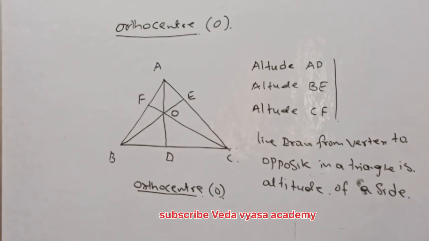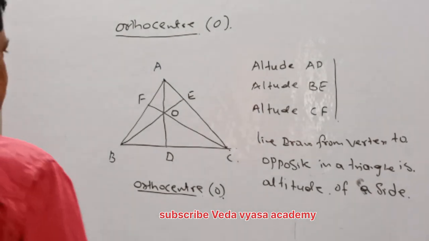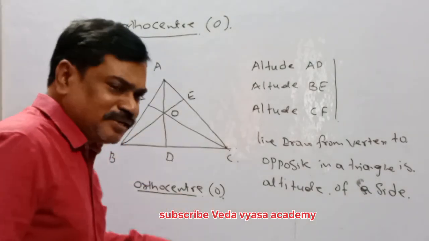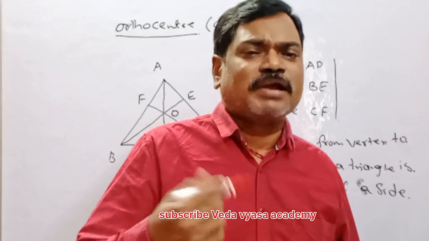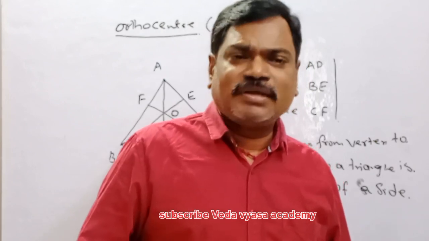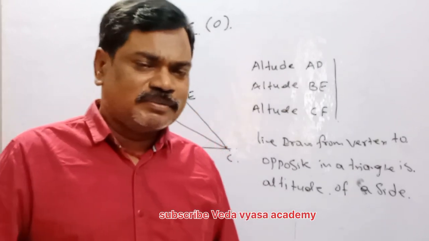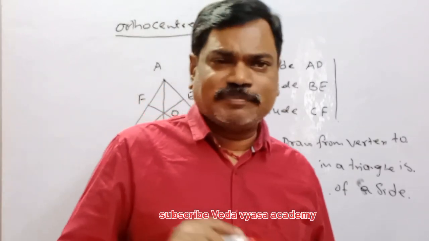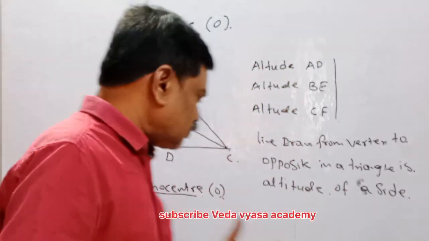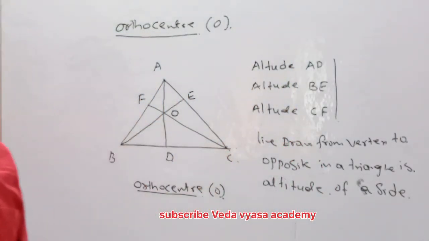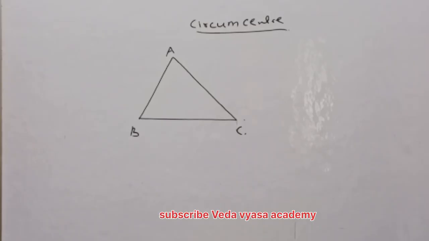This is the orthocenter of a triangle. We will discuss problems on the orthocenter analytically in the exercises. Whenever we do problems, we can find the orthocenter of a triangle there. Okay, all of you.